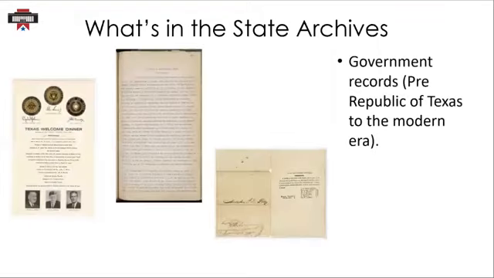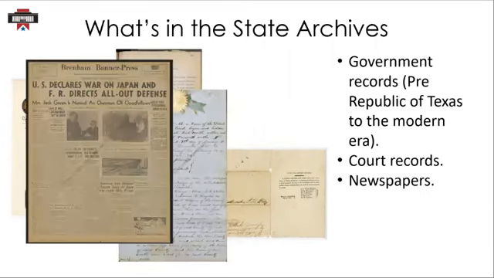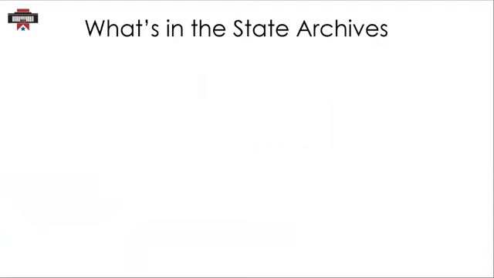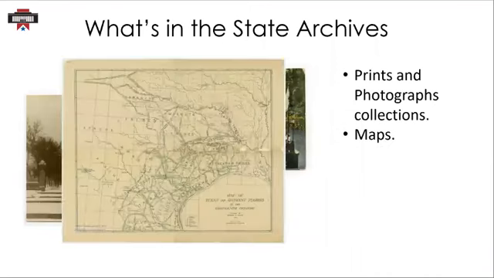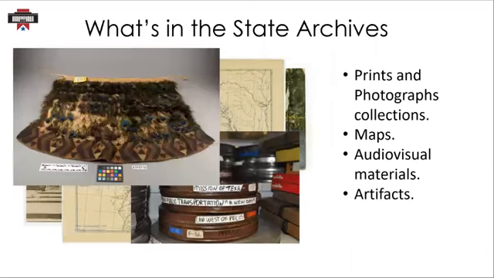We hold government records dating pre-Republic of Texas to the modern era, court records, newspapers, manuscript collections, which include personal papers and diaries, prints and photographs collections, maps, audiovisual materials, and artifacts.